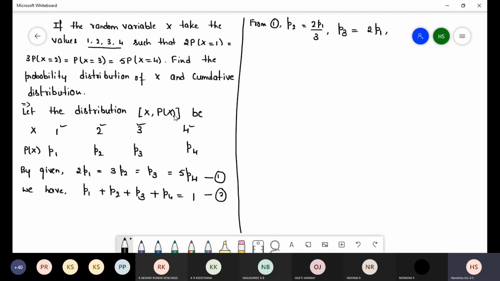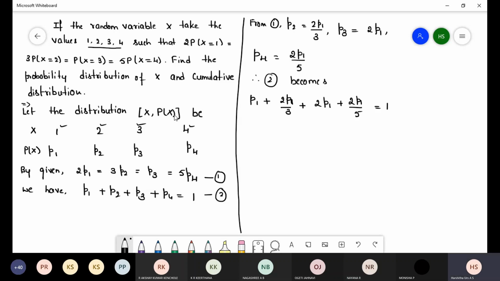Again, P4 value, comparing the first and the last, means 2P1 divided by 5. Therefore, equation 2 becomes P1 plus, in the place of P2 I just substitute 2P1 divided by 3, in the place of P3 2P1, in the place of P4 2P1 divided by 5 is equal to 1.